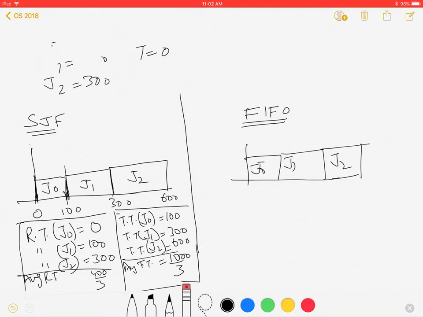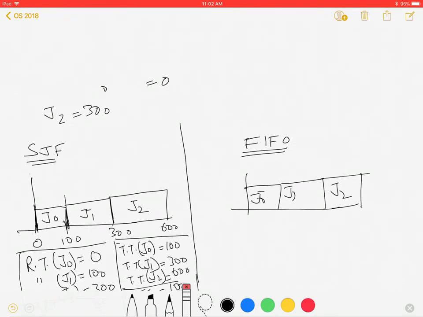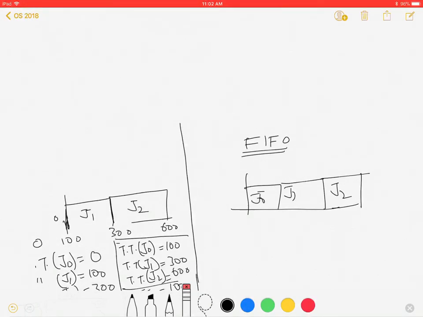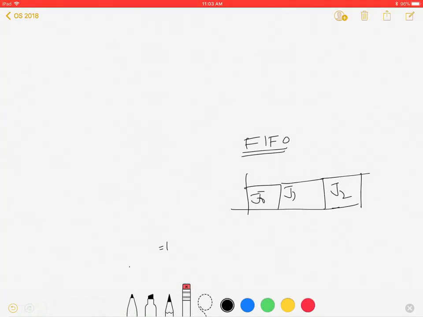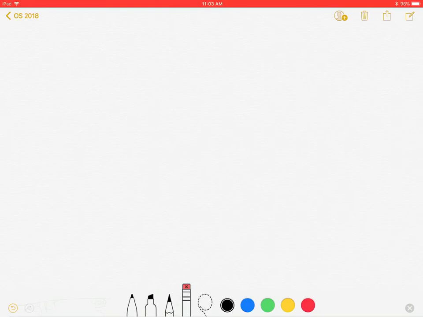Okay, so let's look at a different variation of this problem. What if we had the same 3 set of processes, but instead of using SJF or FIFO, we'll use round robin now. So for round robin, as we discussed earlier, we execute different processes for a time quantum, and then the other processes are executed.